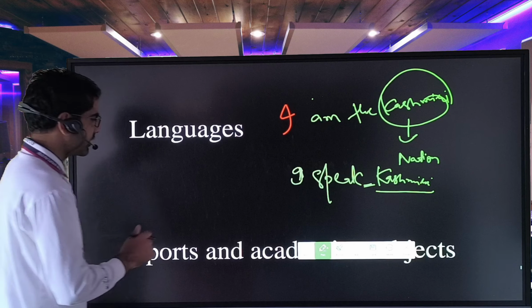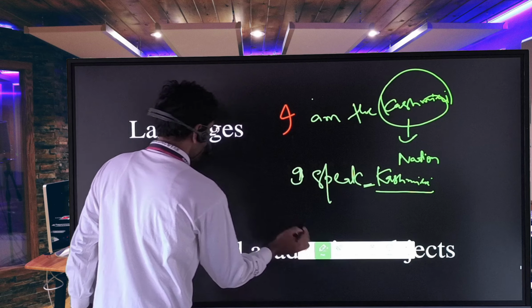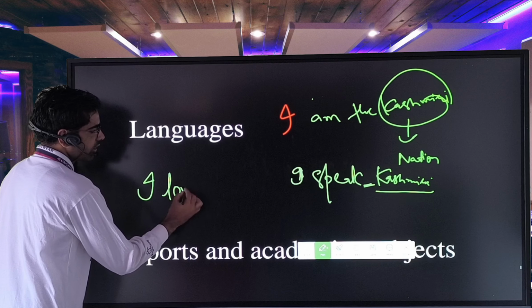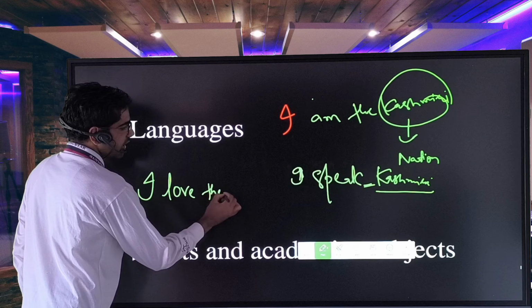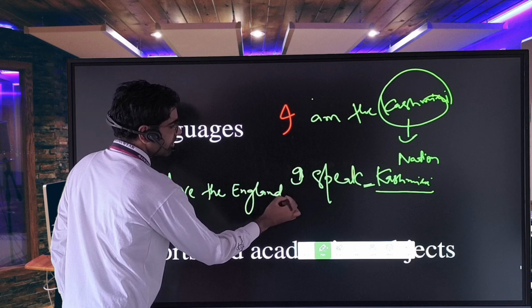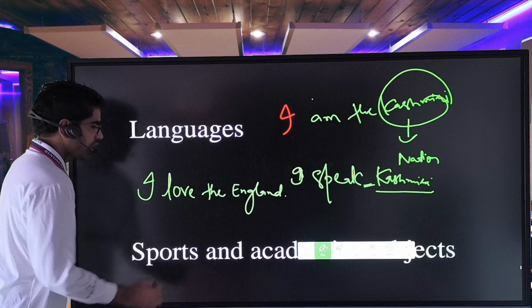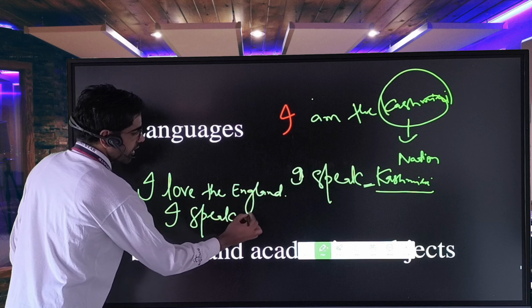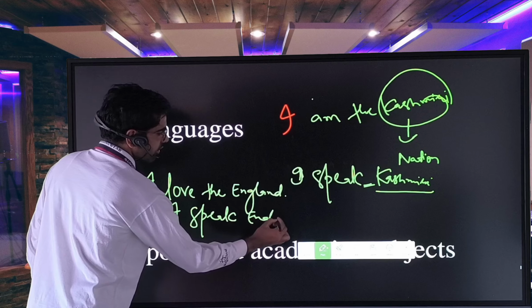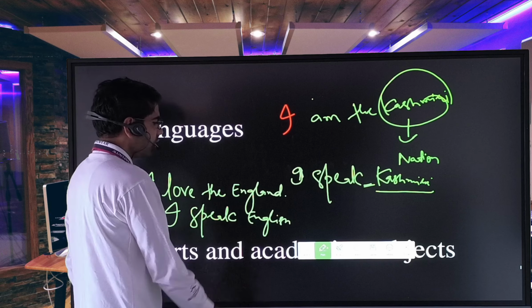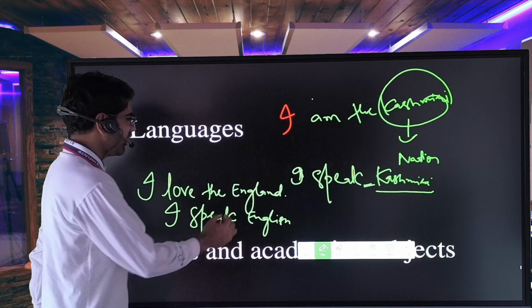Okay, one more example, if I say, for example, I love the England. I love the, for example, I speak English. Or you would also say, I love the English.